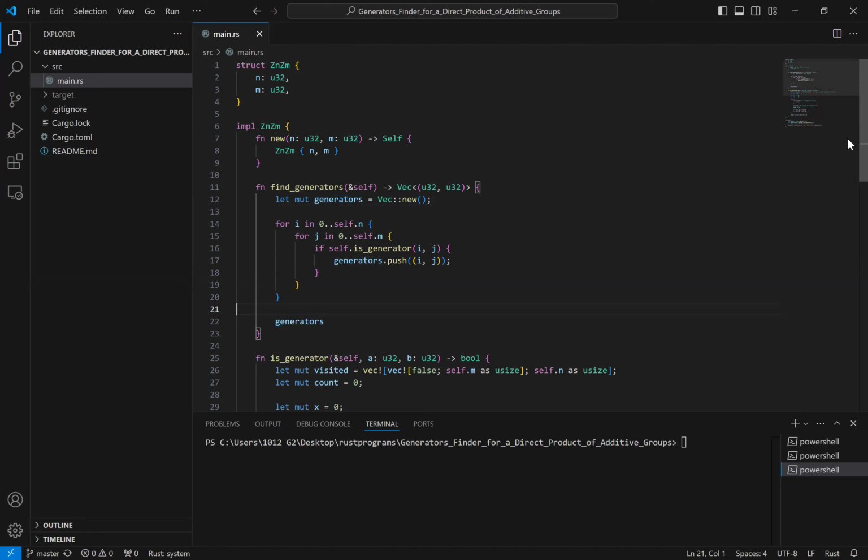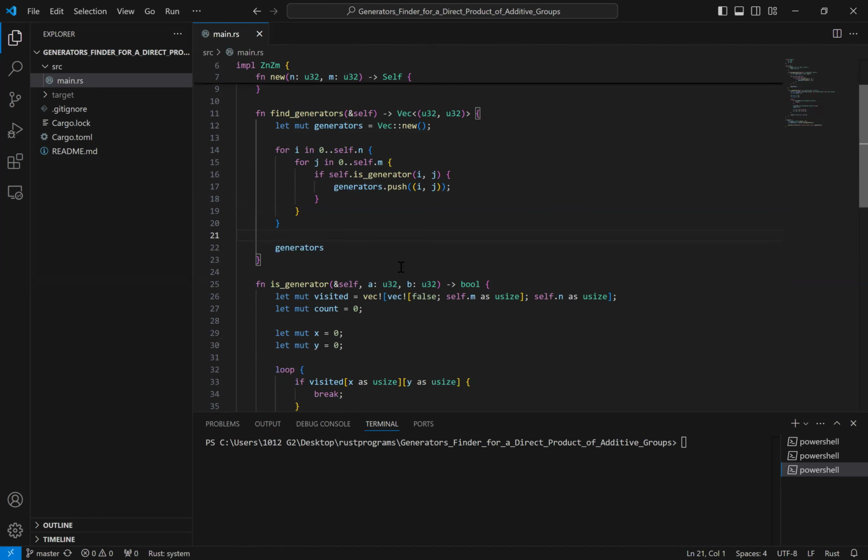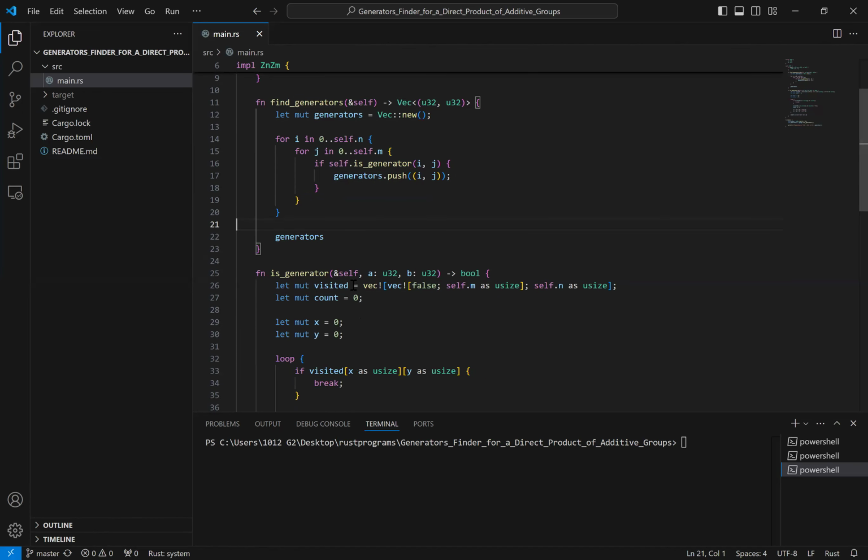But now, the one which is doing the whole thing is here. This is the one which is identifying the generators. After identifying generators, you see it's called here. This one is calling on is_generator. So for instance, I want to look at (1, 2).